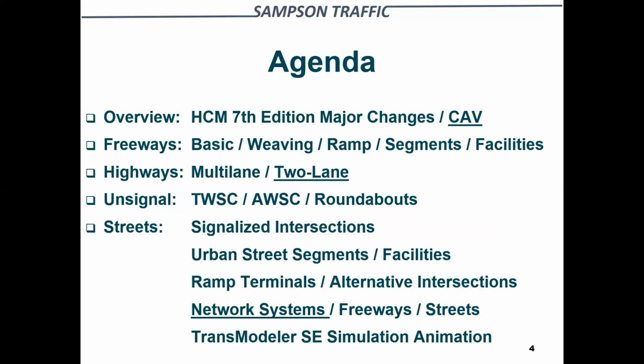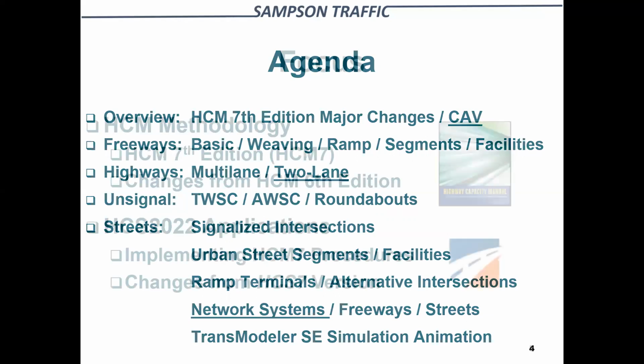There's a new chapter on network systems, where it's really modeling the interaction between freeways and arterials, where queues can go back and forth to one or the other at an interchange. And one thing that's not noted on here is the pedestrian analysis can now model different types of crossing treatments.